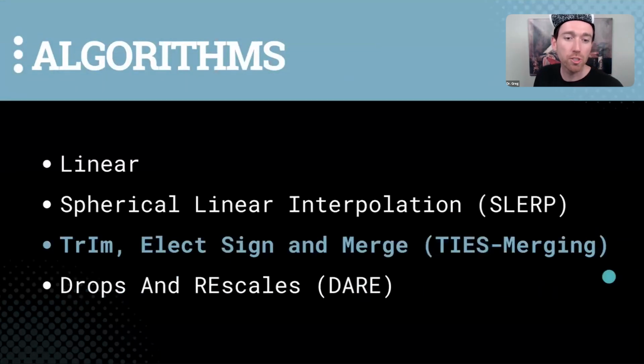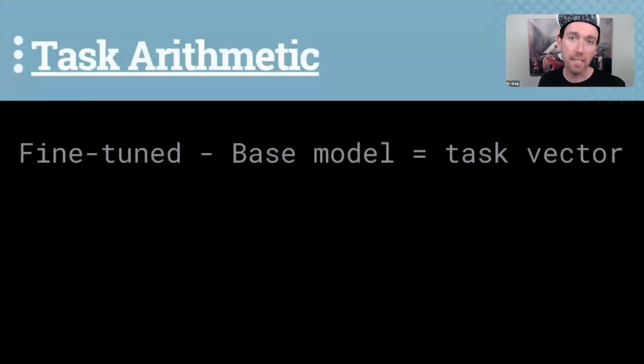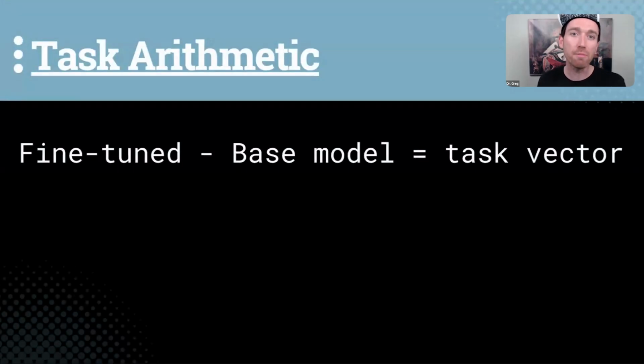But in order to introduce TIES merging, I want to introduce the idea of a task vector, or doing task arithmetic, basically doing task math. So if we consider that after we have the final fine-tuned version of a model, we have all the weights, basically the LoRA adapters, and then we subtract out the entire base model, the one that we froze in the beginning when we were doing LoRA, what we would have left is task vectors.